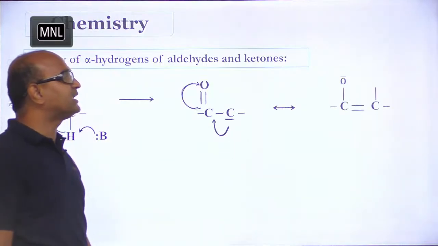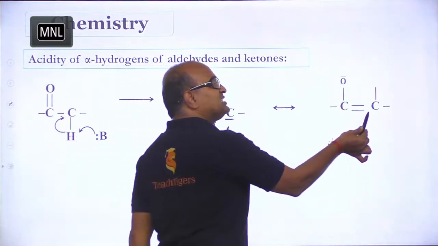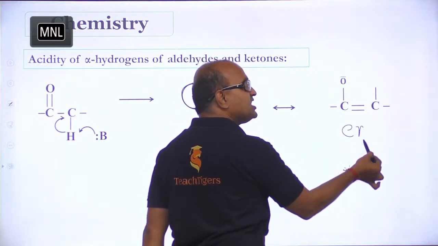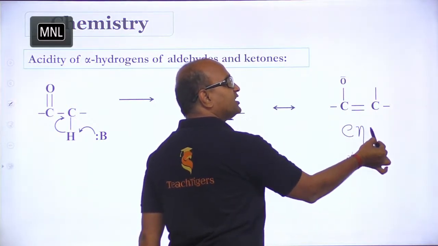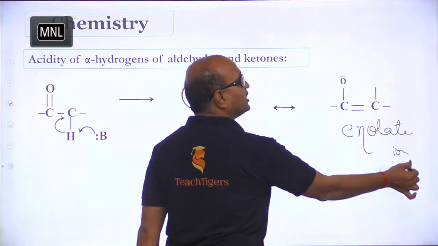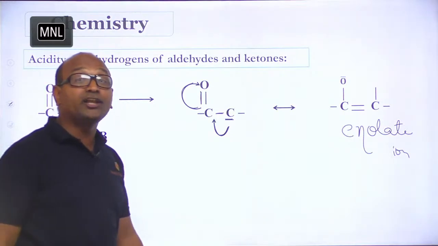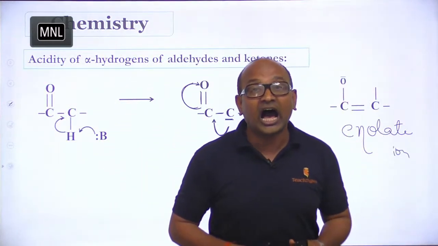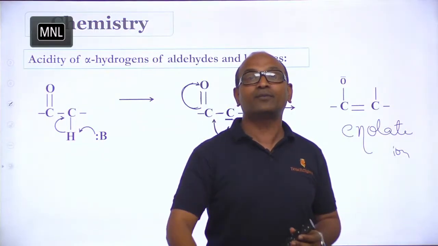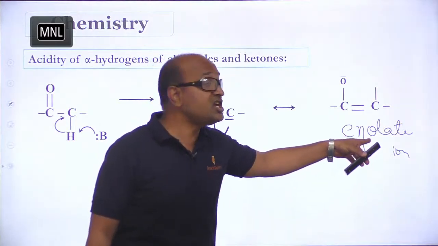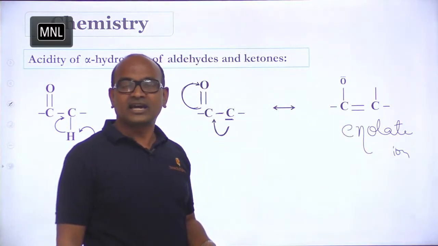So you are going to get this. Do you see that there is a double bond here? We call this ene, and with the hydrogen removed from the alcohol, enolate ion. So children, the conjugate base that is formed by the release of alpha hydrogen of the carbonyl compounds is called an enolate ion. Right?